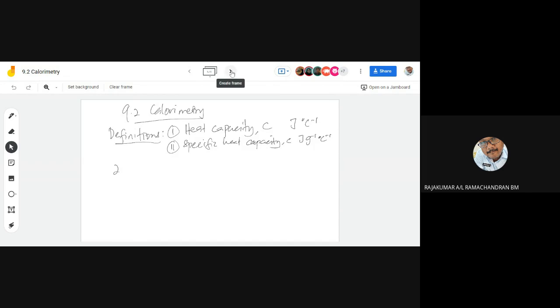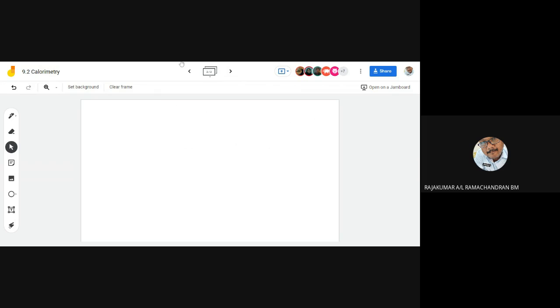We start with number 1, Bohm calorimeter. Okay, number 1 is Bohm calorimeter. We straight away go to the formula. Okay. Normally, this Bohm calorimeter used to calculate enthalpy of combustion. Okay, enthalpy of combustion. Bohm calorimeter ni digunakan untuk kira enthalpy of combustion.